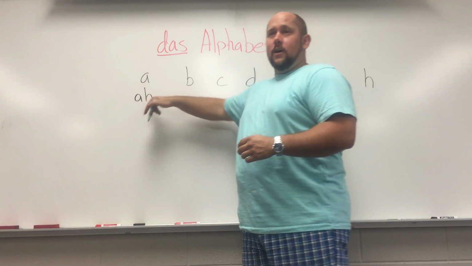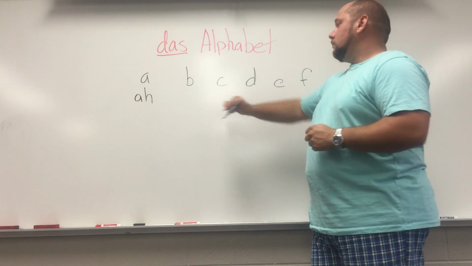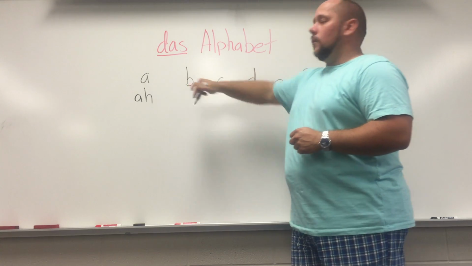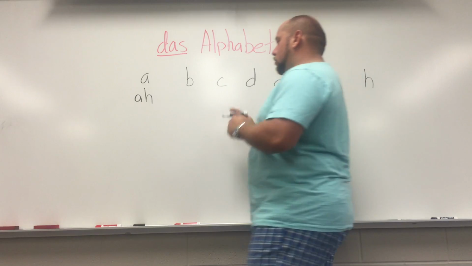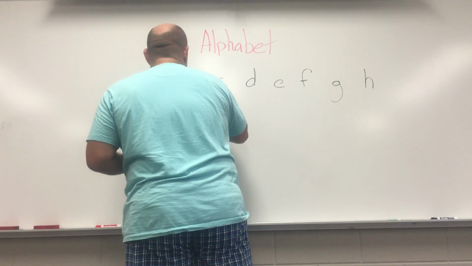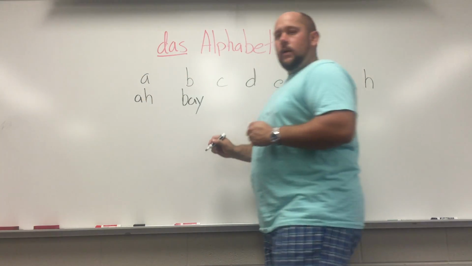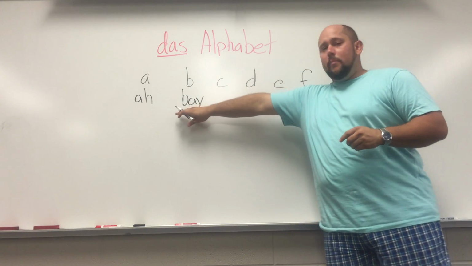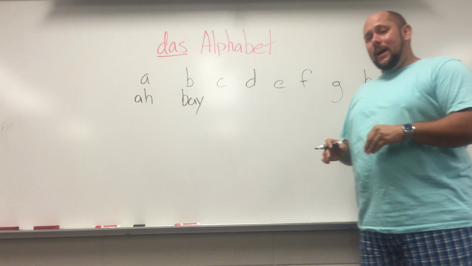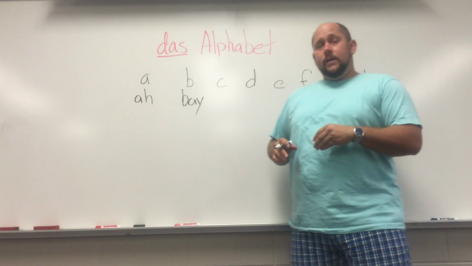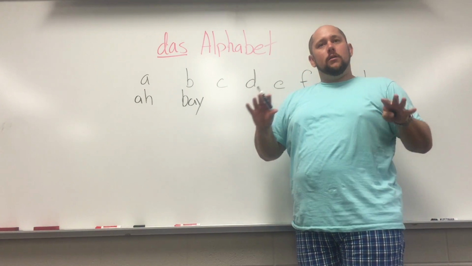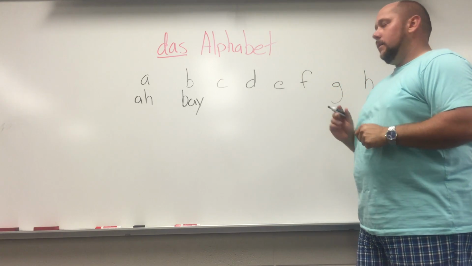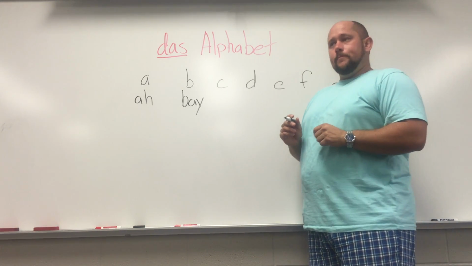A is the letter A. Second one, the letter B. In English, we say B. In German, it's pronounced Bay. Bay. Okay, in San Francisco, there is a bay, which is a little body of water. Okay, bay is the letter B.